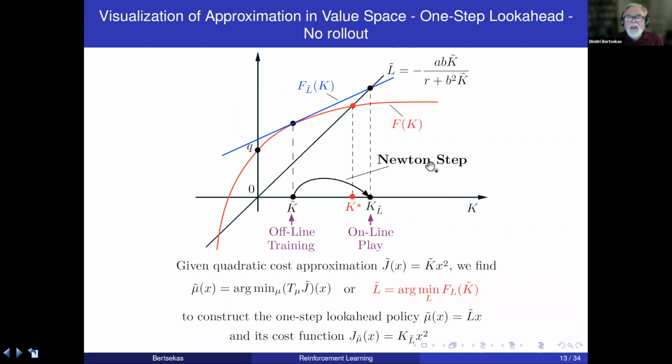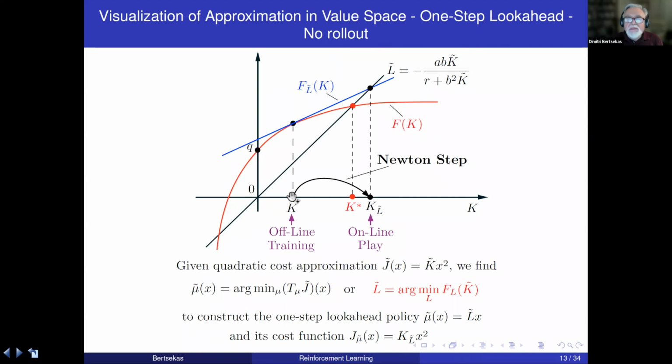Okay, so now we're going to go into something important, visualization of approximation in value space with one step look ahead, no rollout, just a cost function approximation, and then use that in Bellman's equation to obtain a policy. Okay, so I have drawn here the Riccati equation.